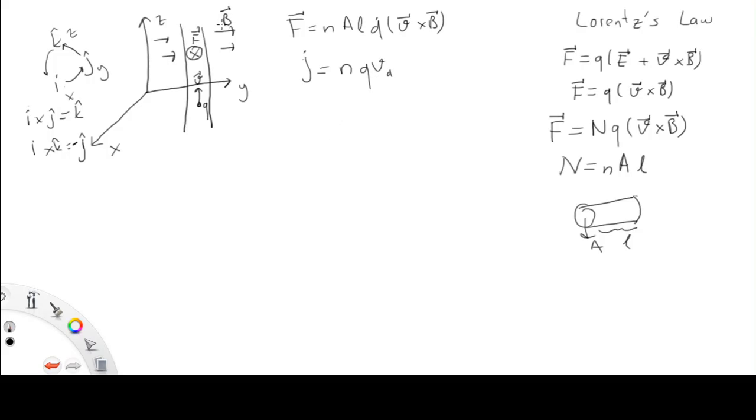We also know that a current can also be described with the magnitude of the current density times the cross section. If we do some calculations, the current will be equal to this.